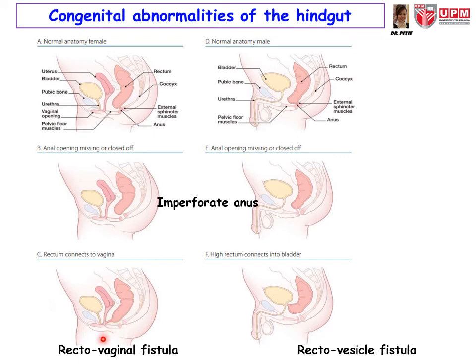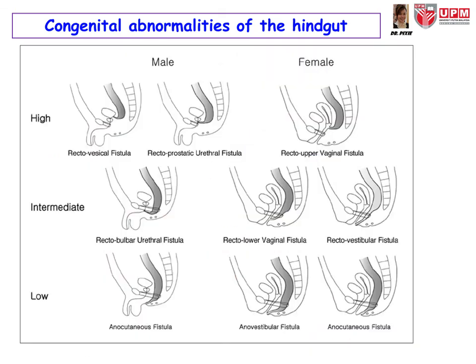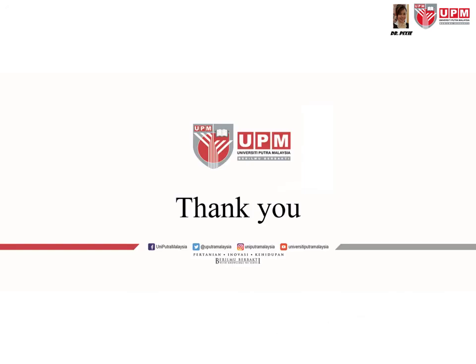So here is the rectovaginal fistula, and here is the high rectum connecting into the bladder, known as the rectovesical fistula. Here is a series of diagrams to show the congenital abnormalities of the hindgut in male and female at the level of low or high in reference to the level of the puborectalis sling. Thank you.